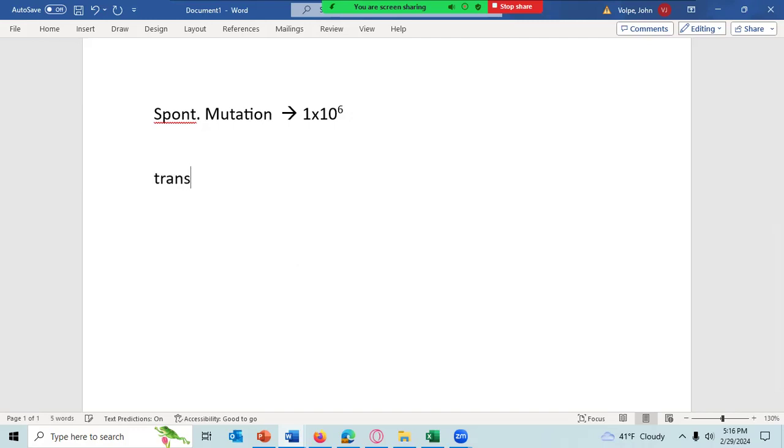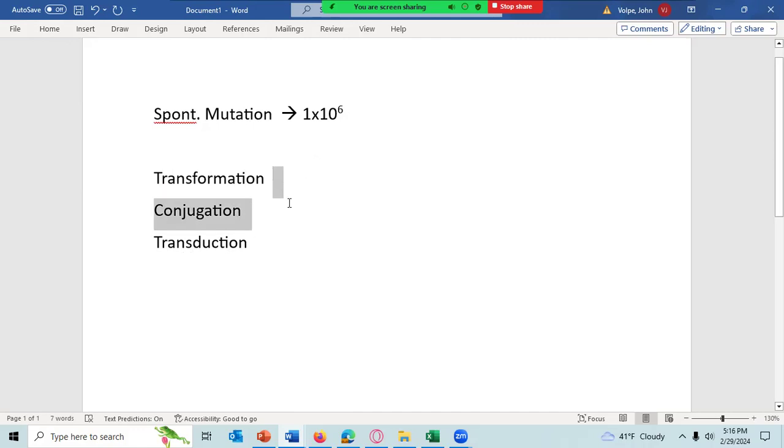Transformation, conjugation, and transduction. It's from all three of these.